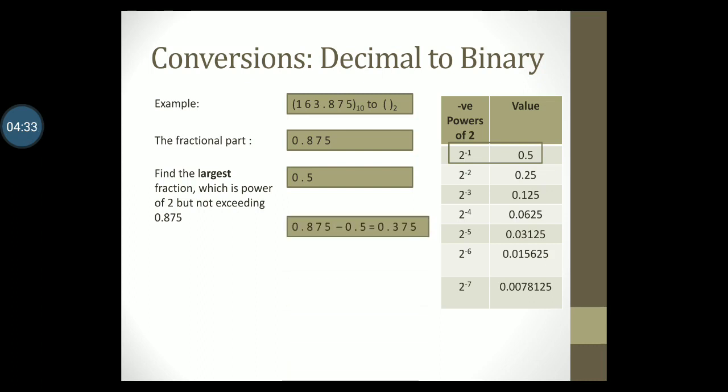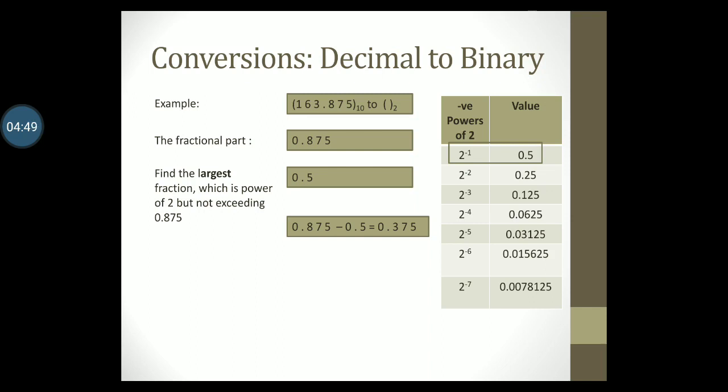Find the difference between 0.875 and 0.5. We are left with 0.375. We do the same process again.